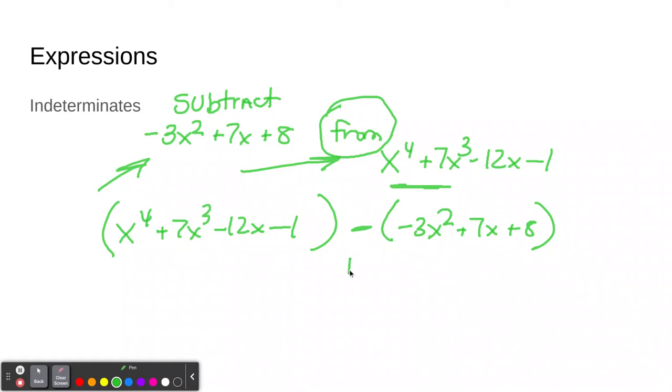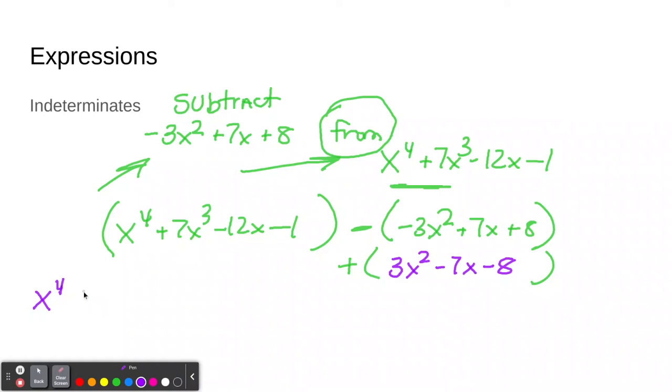So we're doing the keep, we're changing everything else, and we'll change the color. Now that'll be a positive 3x squared minus 7x and minus 8. So what do you think you got? I'll pause the tape for you. So again, there is no other x to the fourth to combine, so we're just going to write x to the fourth.